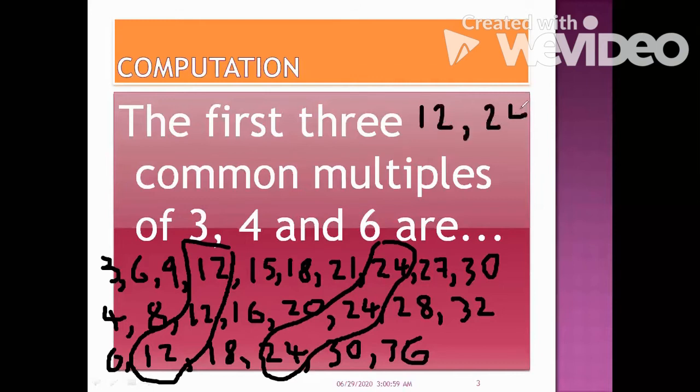I'm giving you a task: go and figure out the third common multiple of 3, 4, and 6. Just keep on finding the multiples of 3, 4, and 6 until you find a common one.